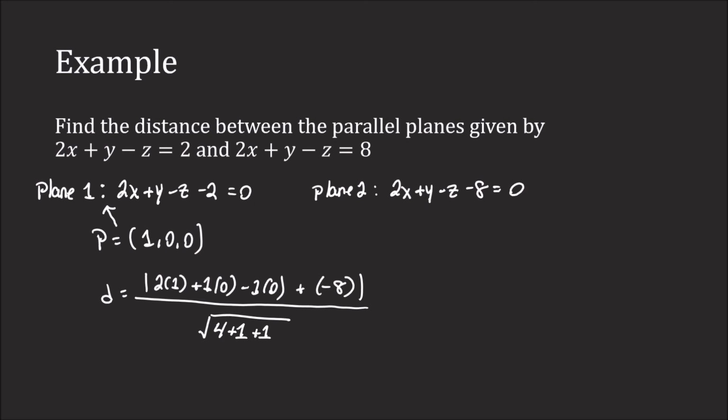Right? Remember, since we got the point from the first plane, we get the A, the B, the C, and the K from the second plane. So this is equal to 6 over the square root of 6, which is just simply the square root of 6. So the distance between these two parallel planes is the square root of 6.